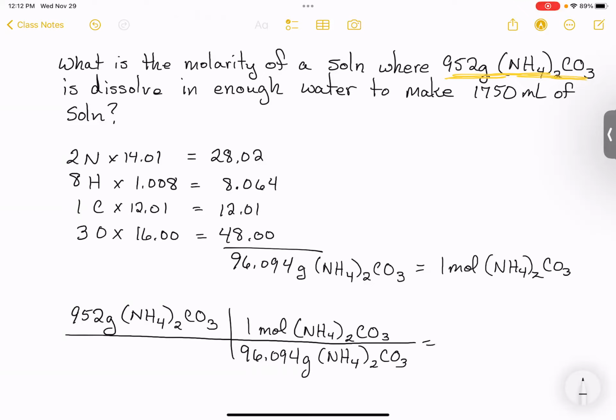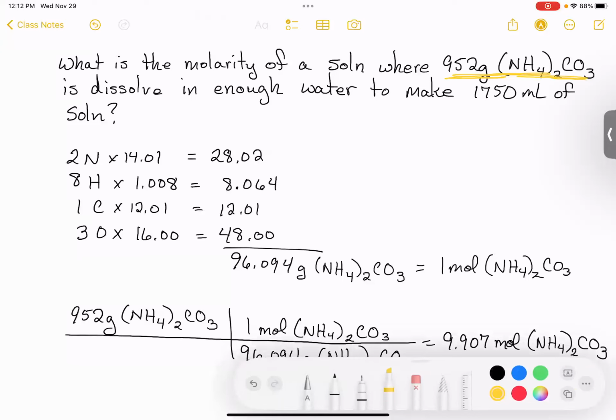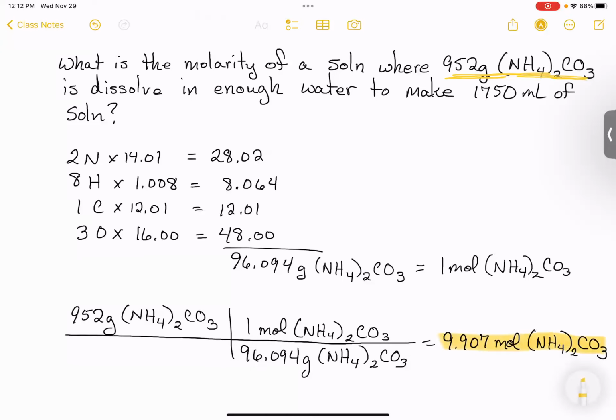And you get a value of 9.907 moles of ammonium carbonate. So that is what I need for that numerator.